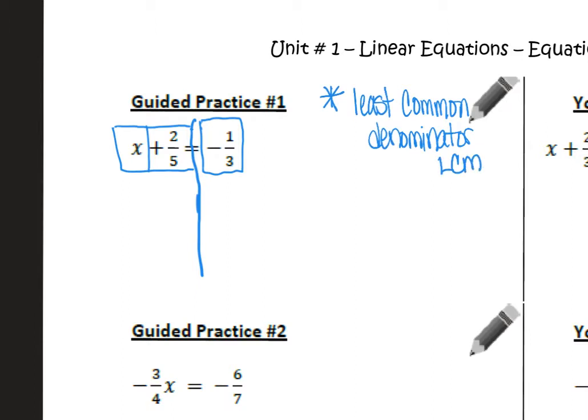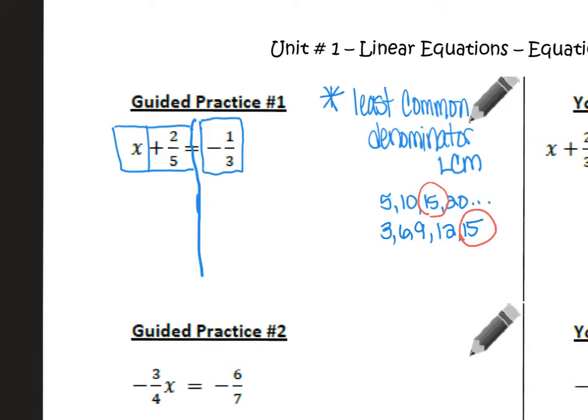And if you remember, multiples of 5: 10, 15, 20. Multiples of 3: 6, 9, 12, 15. You want to find the value of the smallest number that they have in common. So in this case, it would be 15.